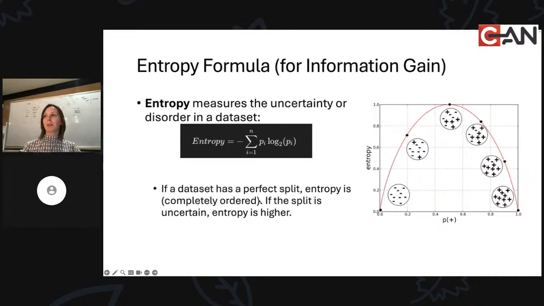This can sometimes be applied to other domains. So this is also applied in physics. But in our case, in our mathematical formula, if the data set has a perfect split, entropy is ordered, and if the split is uncertain, entropy is higher.